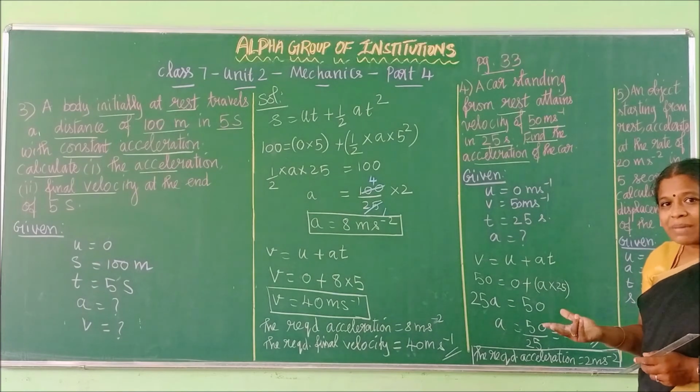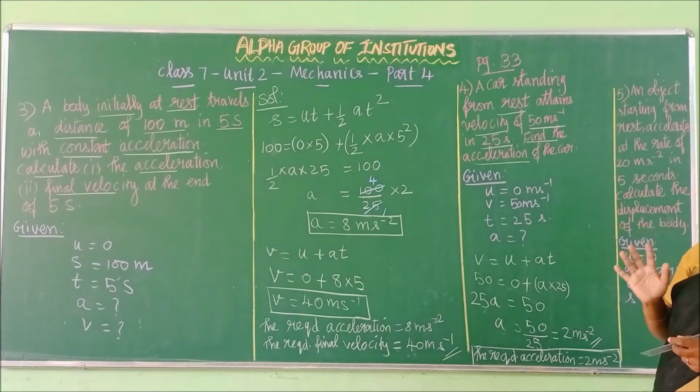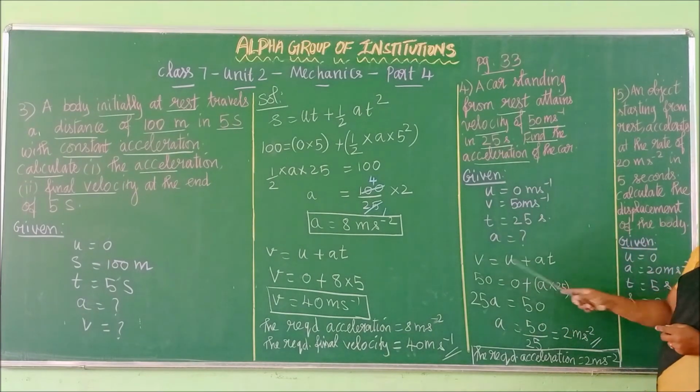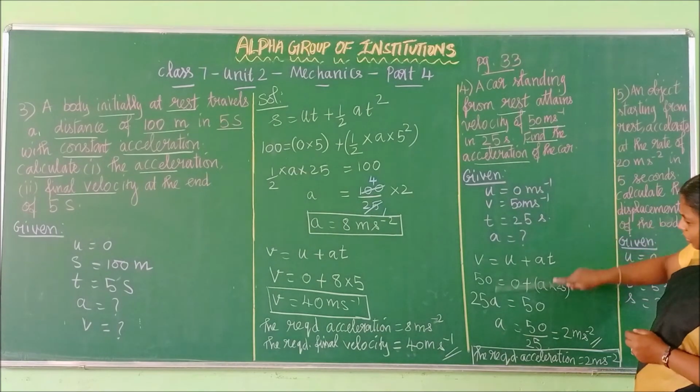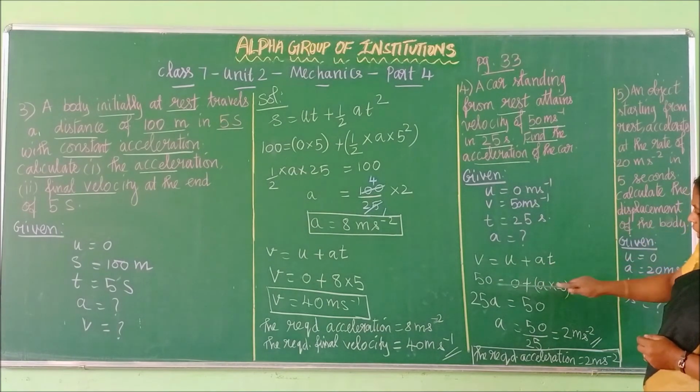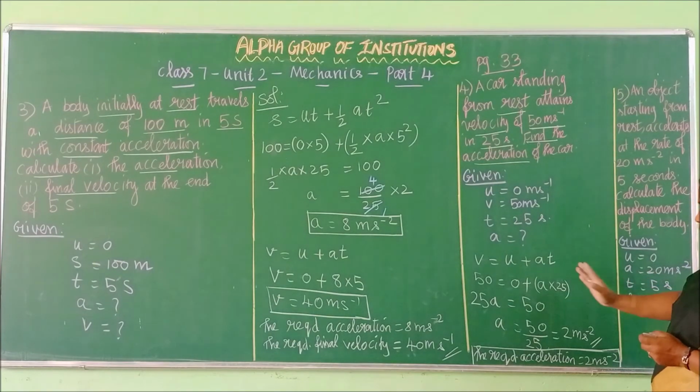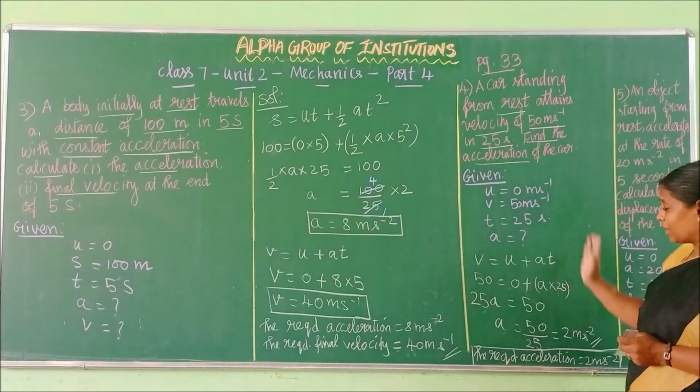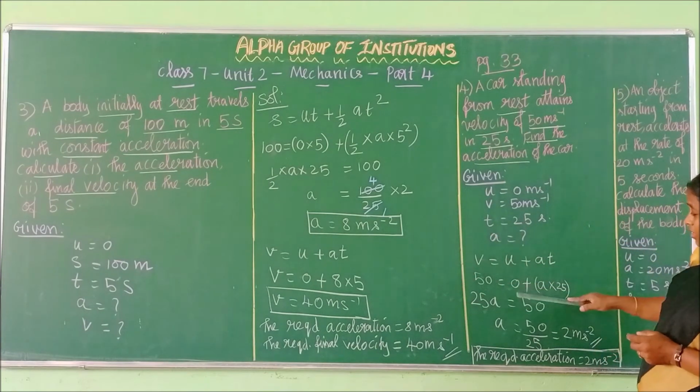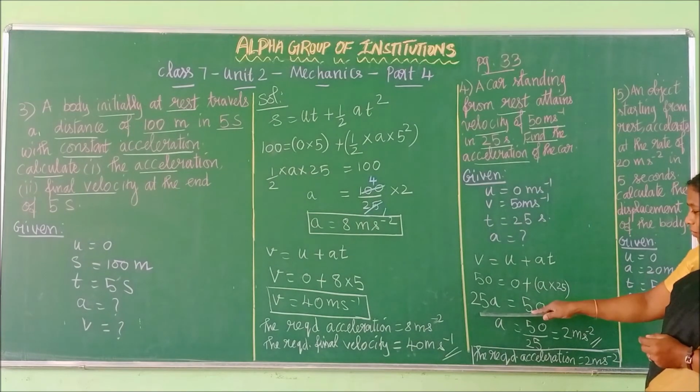Automatically, which equation is best suited? First equation of motion. Substitute V is equal to U plus AT. Substitute the direct values. V is 50, U is 0, A is not known, so as it is there, T is 25. Whatever is needed, we bring to that side. 0, so it is left. 25 into A is 25A.